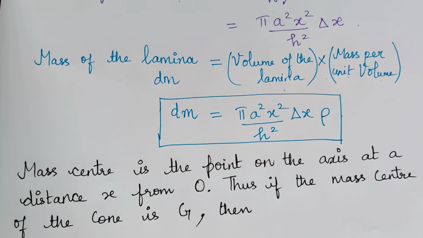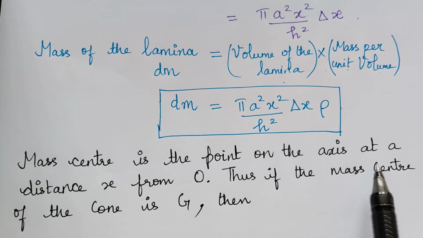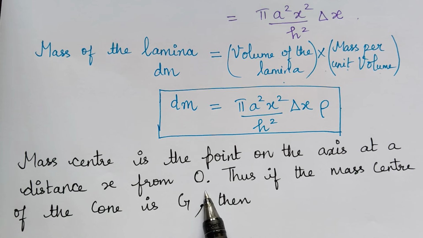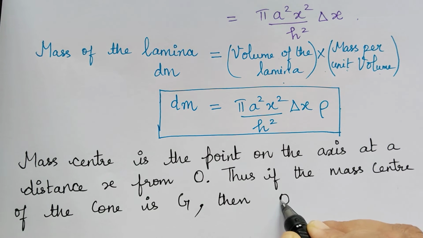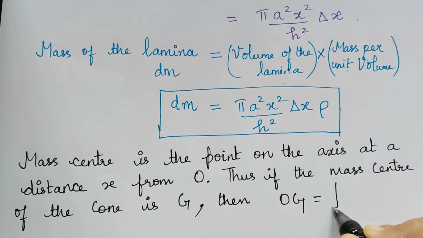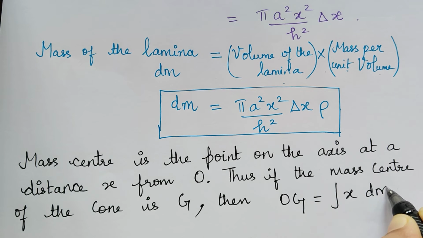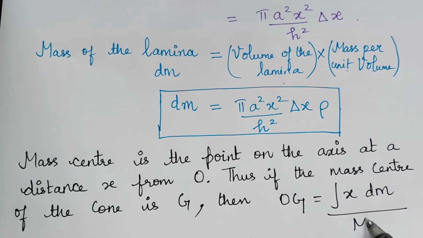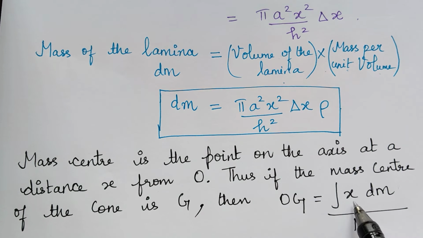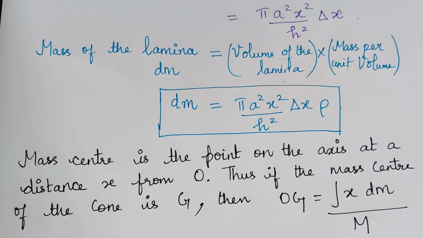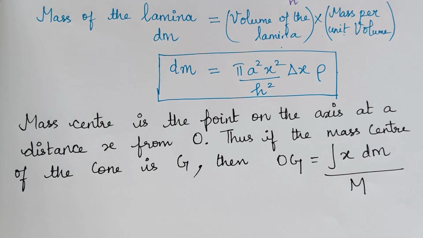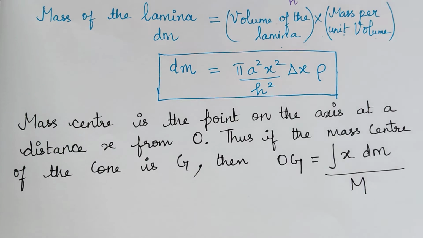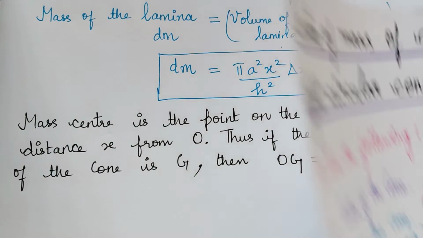So now if the mass center is the point on the axis at a distance x from O, thus if the mass center of the cone is G, then we will have OG equal to the integral of x dm, the whole divided by capital M, where x will vary from 0 to h, because the height of the cone is h and we have to find the mass center for the cone.